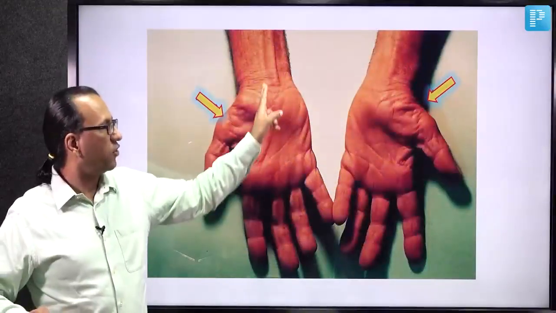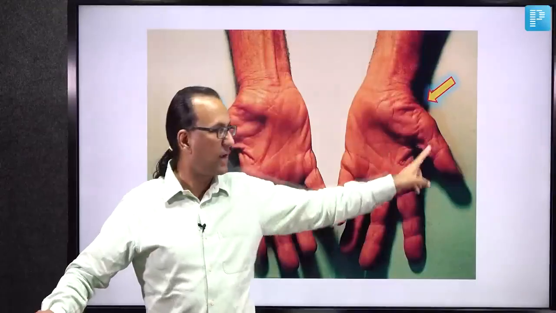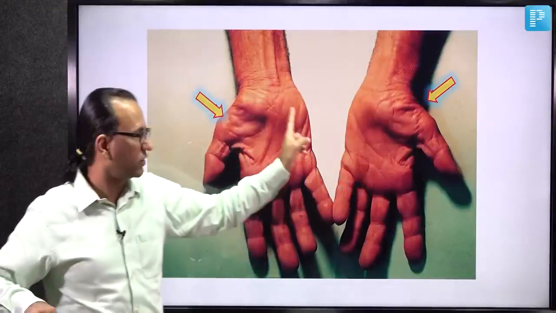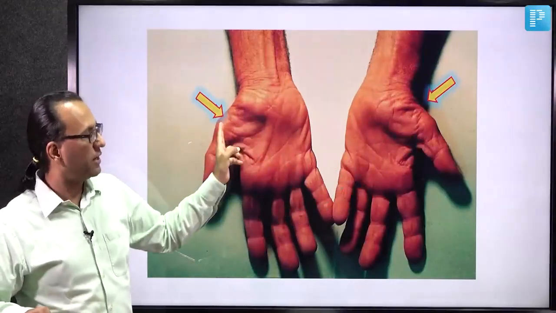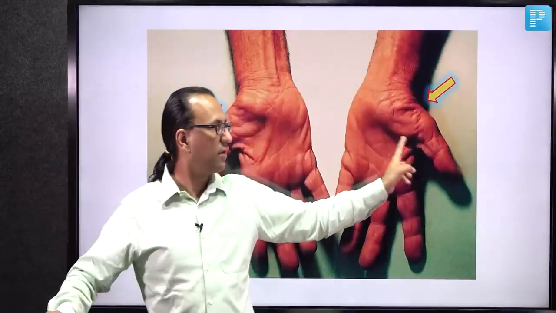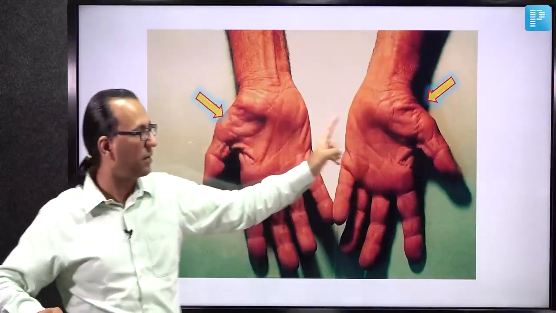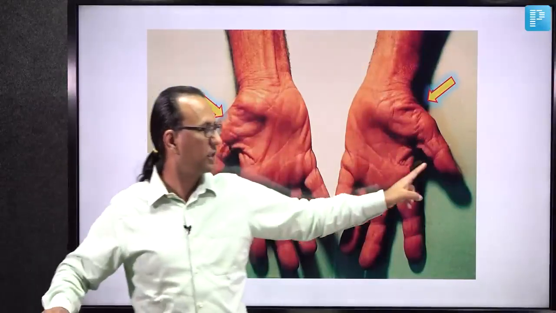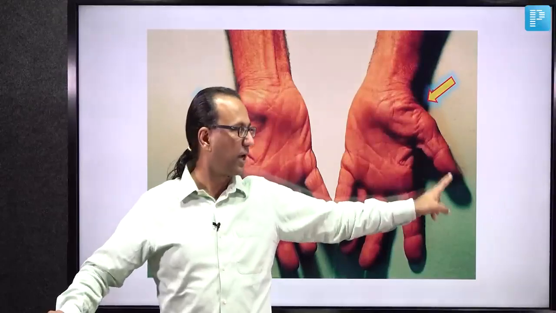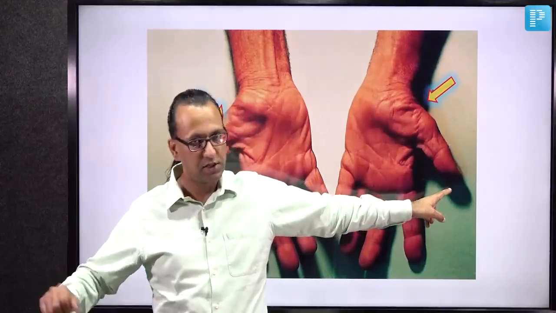In carpal tunnel syndrome, when the median nerve is injured, you will find there is thenar atrophy because most of the thumb muscles depend upon the median nerve. If the median nerve has been compressed, then there will be thenar atrophy. Plus, the thumb will remain in adduction deformity because adductor pollicis is supplied by the ulnar nerve, which is still working.